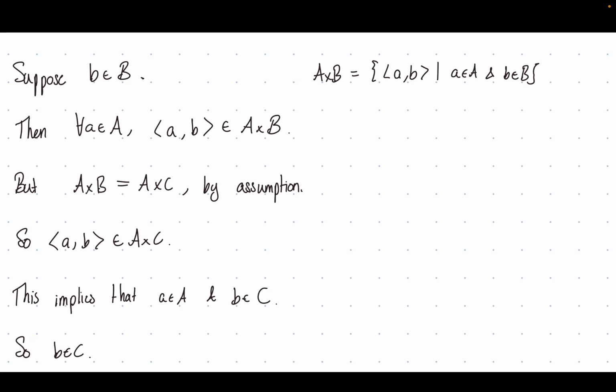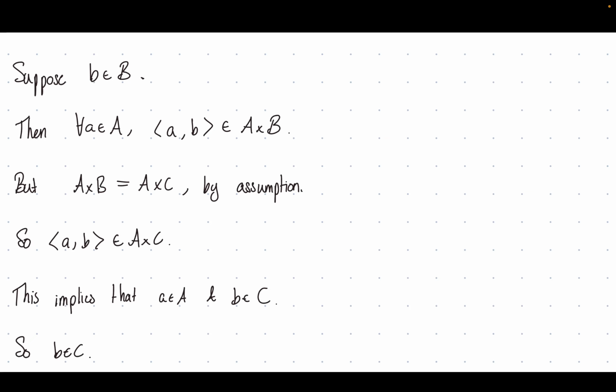But if there are no elements in A, then there are no such pairs of this form. So if A is equal to the empty set, that implies that A cross B is also equal to the empty set, because there are no ordered pairs that satisfy any of this.